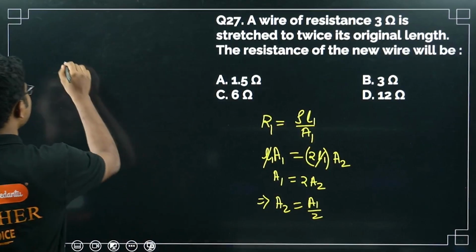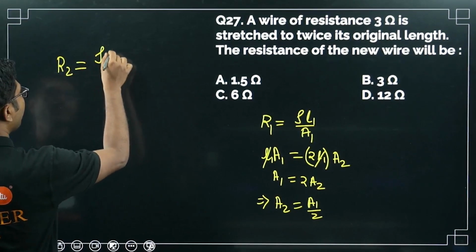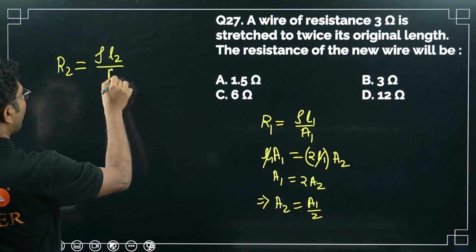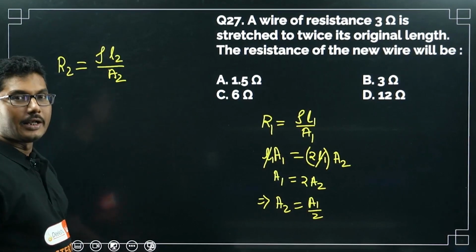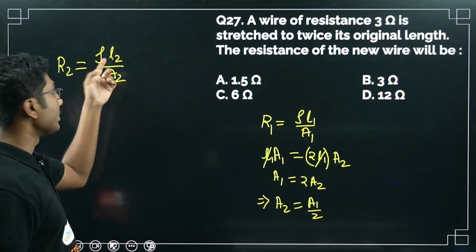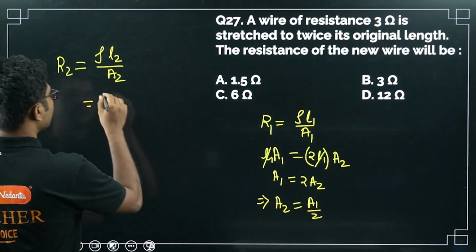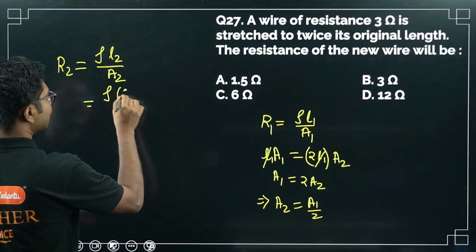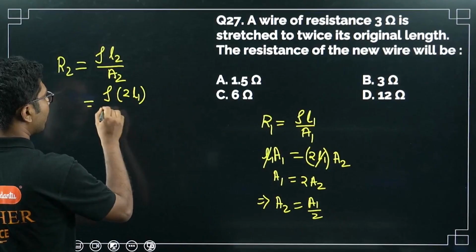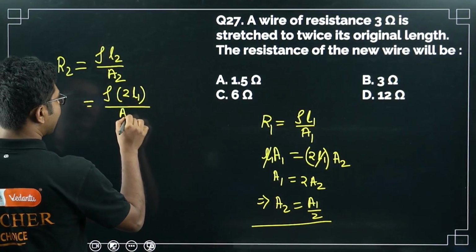So initially the resistance suppose was R1. What is the final resistance? The final resistance, say R2, is rho L2 by A2, right? The new length is L2, the new area is A2, and rho is constant. Now let's put in the values. What is the new length? It is doubled, so 2L1. A2 we have already calculated, A2 is A1 by 2.